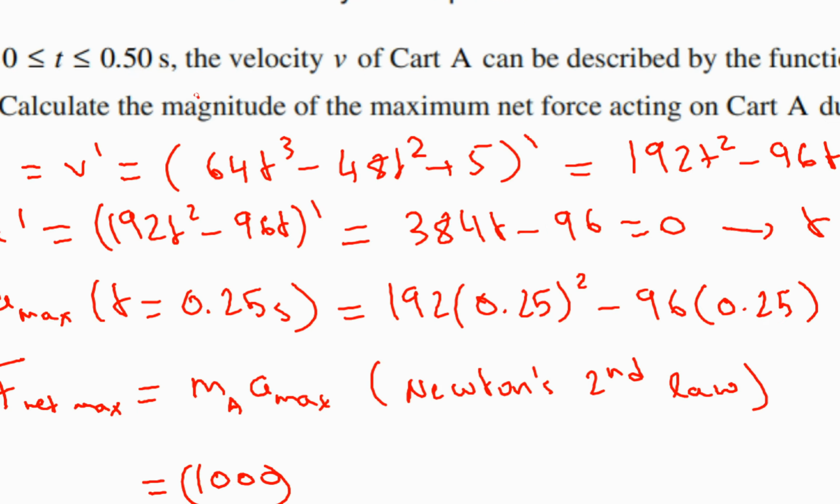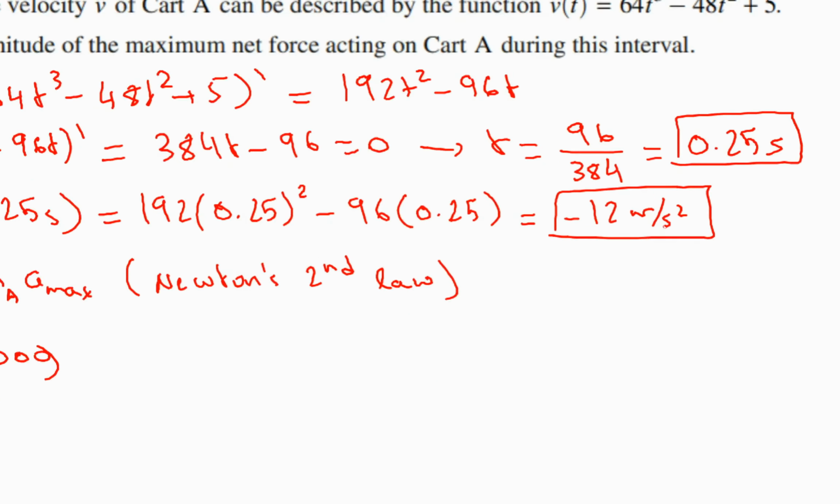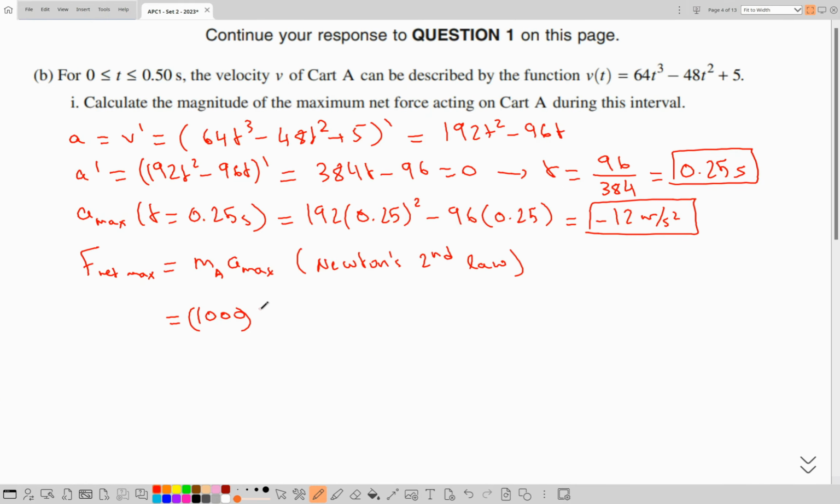Because we're interested in the magnitude, I will take the magnitude of the acceleration, which is 12, and that would be 12,000 newtons. Then the force exerted by this collision, at its maximum, on cart A in magnitude is 12,000 newtons.